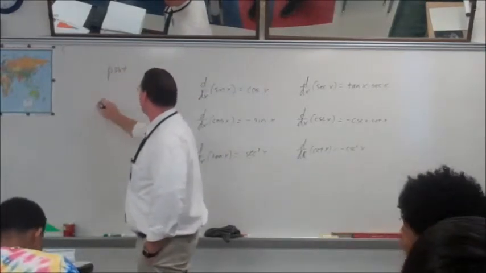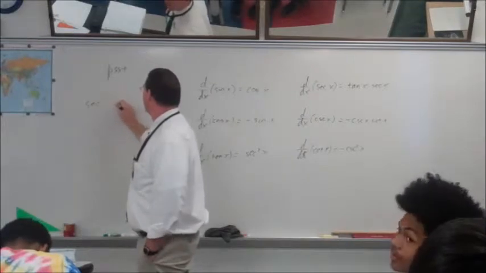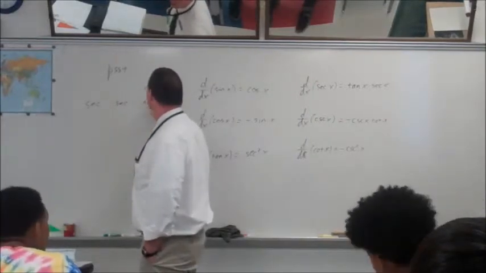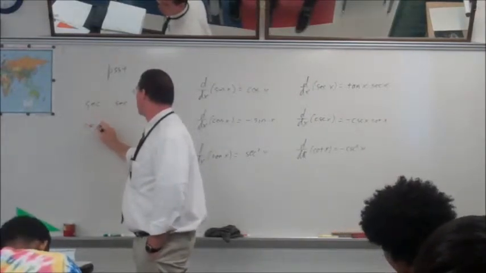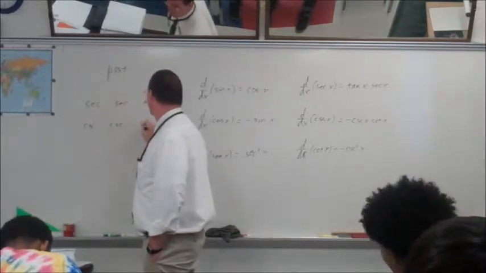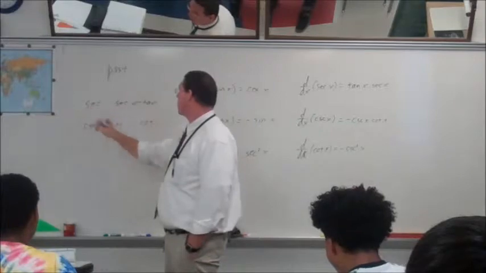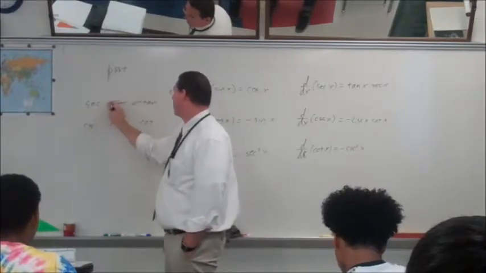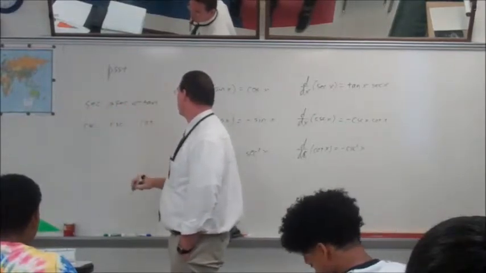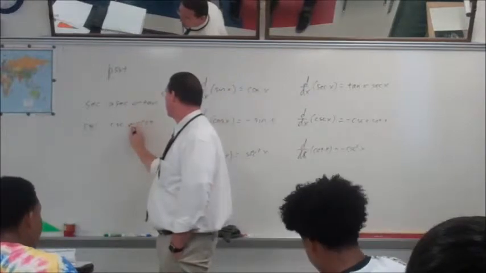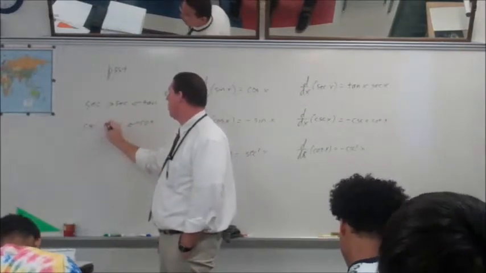It's secant, secant, tangent, cosecant, cosecant, cotangent. The derivative of tangent is secant squared. The derivative of secant is secant tangent. The derivative of cotangent is cosecant squared, but it's negative.